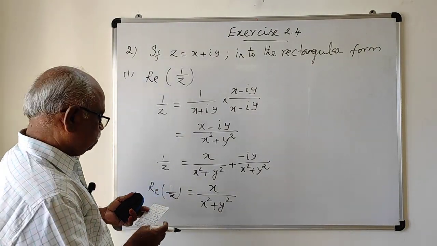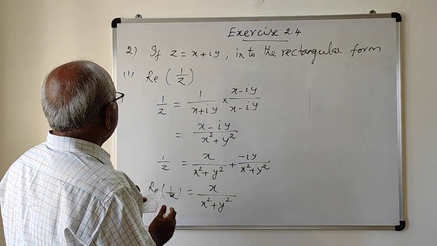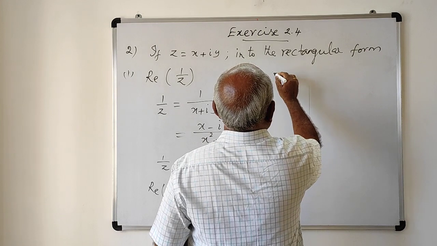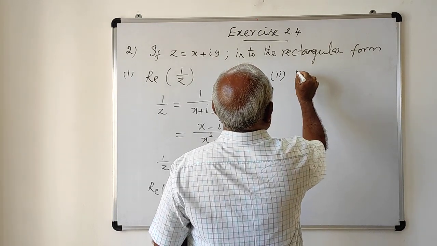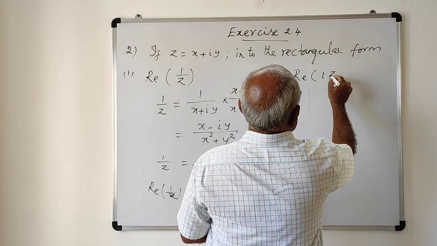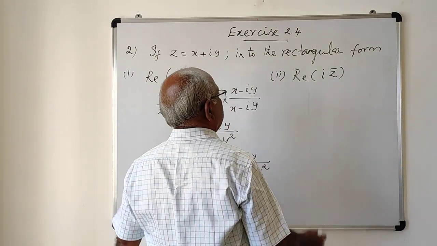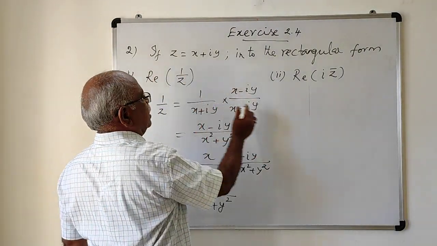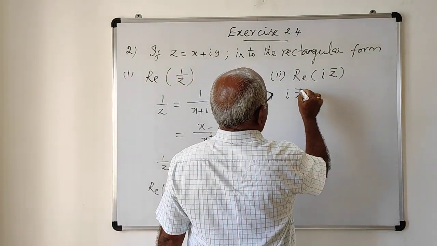Next, second problem, real part of i z bar. The z is x plus iy. So what is i z bar?